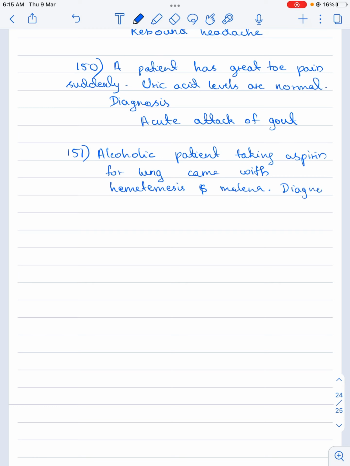Diagnosis is peptic ulcer. Next question.